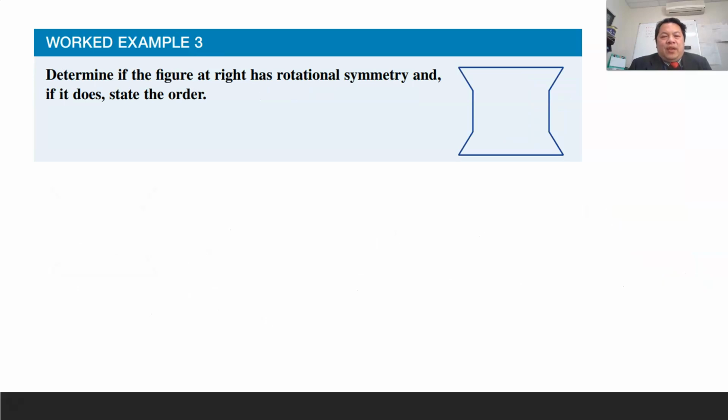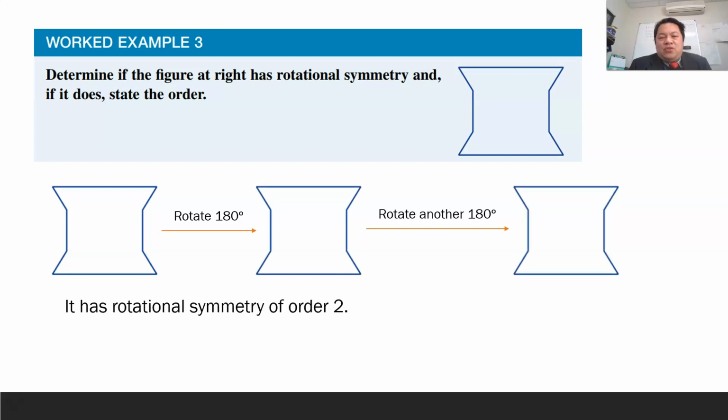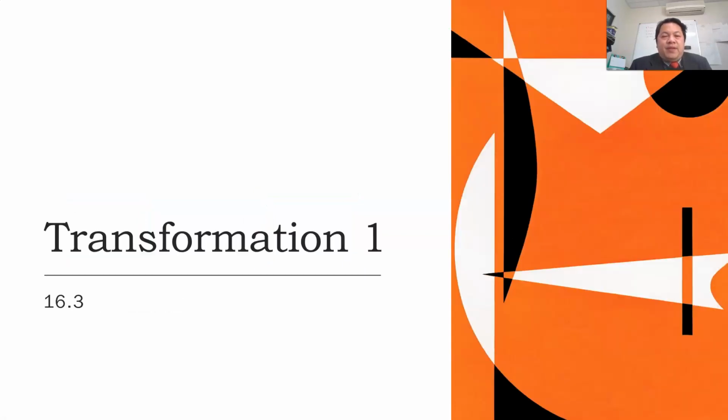Like this shape here, when I rotate 180 degrees, I get this. Rotate another 180 degrees, I get this. It simply means it has rotational symmetry of order 2. That's how you write the statement. Bear that in mind.